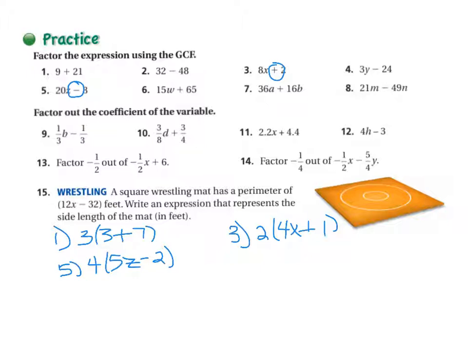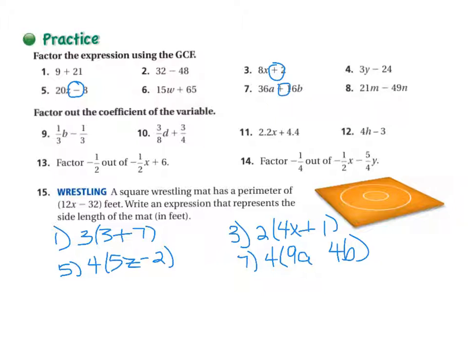And number 7, we have 36a plus 16b, so 4 is our greatest common factor. And 4 times 9a equals 36a, and 4 times 4b equals 16b.